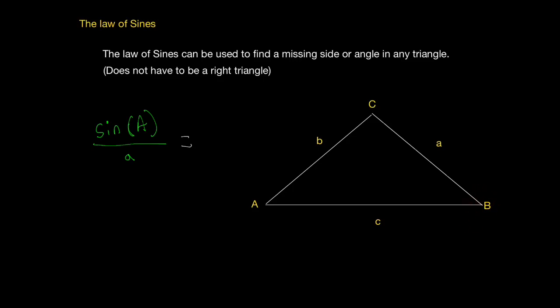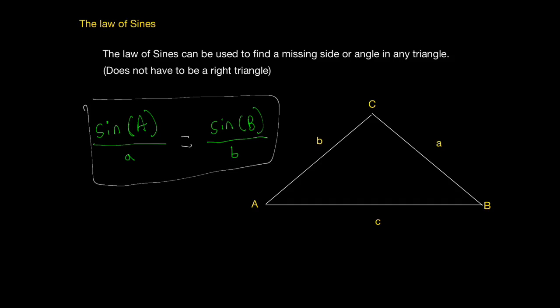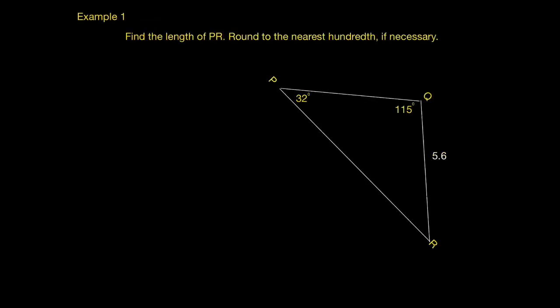It's going to equal the sine of capital B, that's the angle, and the angle across B is lowercase b. So here I'm going to divide this by lowercase b. And that's what the law of sines says. The sine of capital A to lowercase a is equal to the sine of capital B to lowercase b. So let's go ahead and apply this and show you how this works.